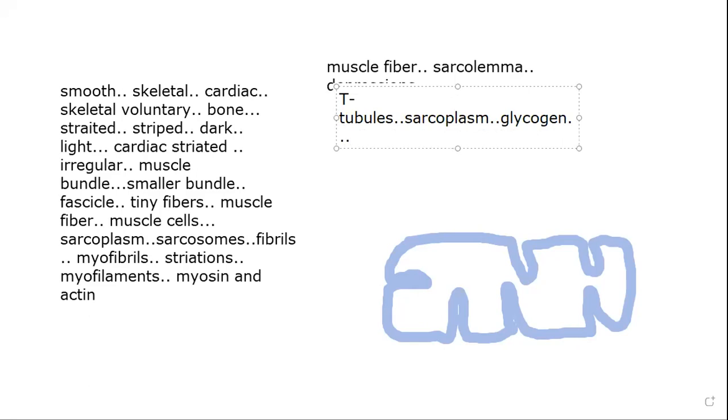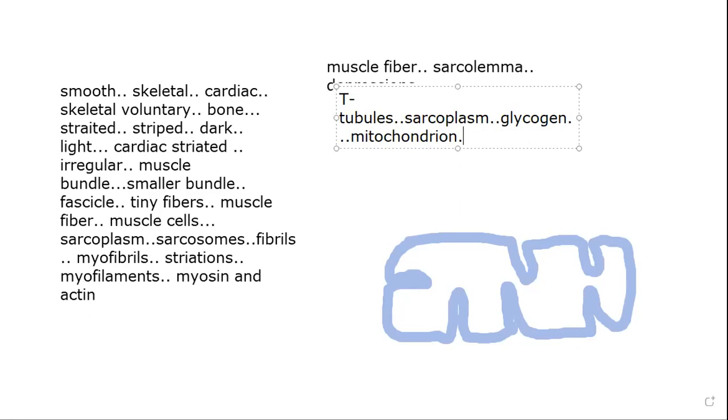And mitochondria, because mitochondria carry on the whole process to break down the glycogen and release energy. A lot of mitochondria, which I told you are known as sarcosomes, are present inside the sarcoplasm of the muscle fiber. Right? This T-tubule is also present in the sarcolemma of the muscle fiber.